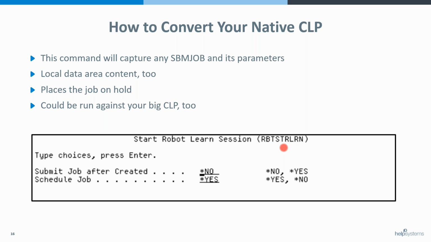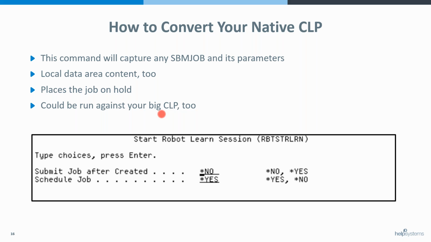So you can run this on a command line, or you could actually put this in that really large CL that everybody's scared of and have robot start learn just learn all the batch submits that happen during night processing and put them into robot schedule. You're then going to have to evaluate the submit jobs and make sure that they're what you expect. But this is a great way of bringing in jobs.